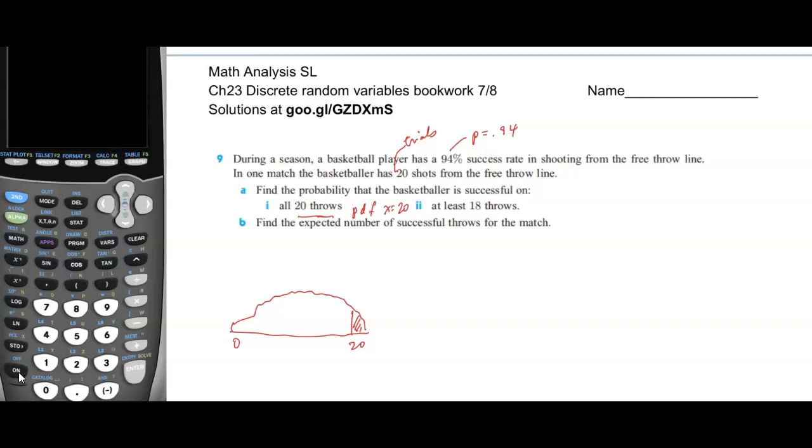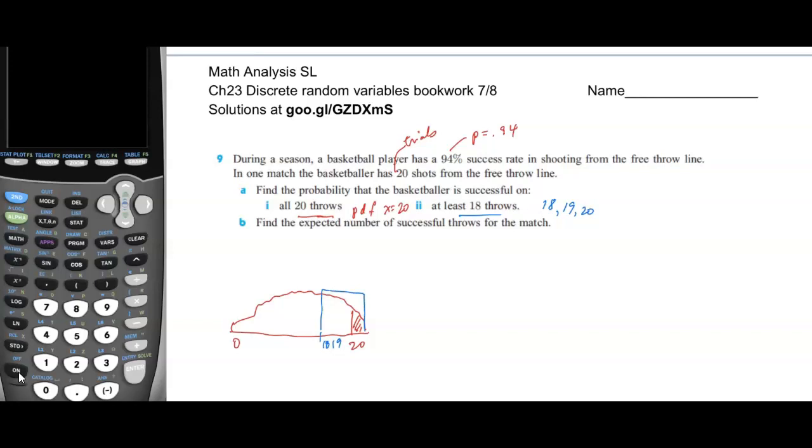And the next one says at least 18 throws. So at least 18 means more than 18 and including 18. So it would be 18, 19, and 20. So what they're asking for in the last one is basically this region here.